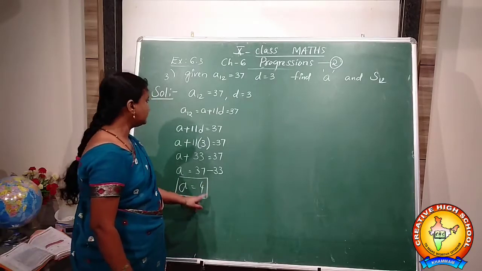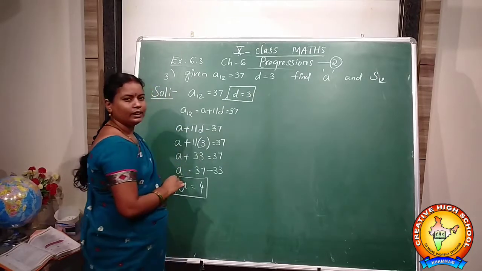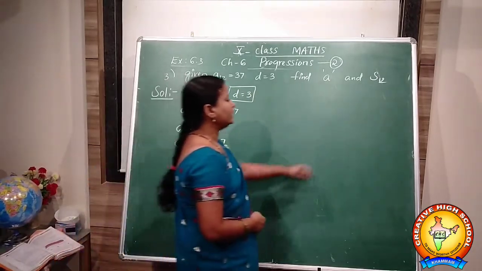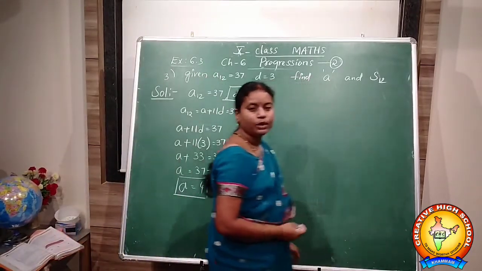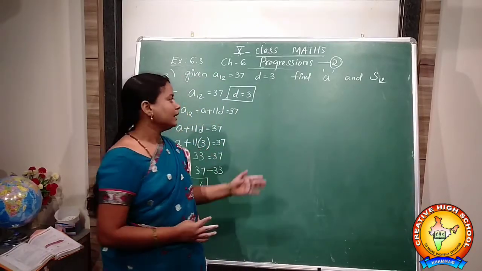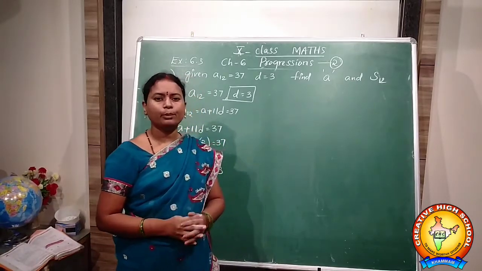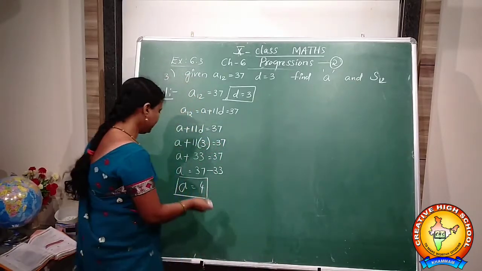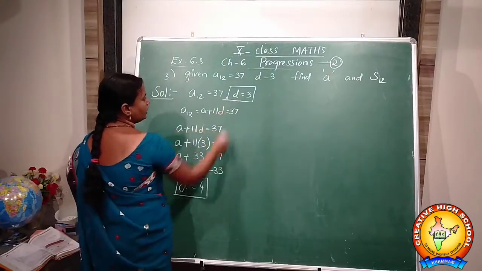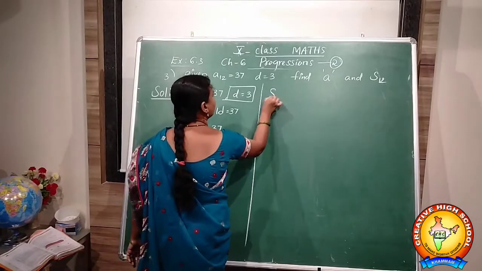Yes, the a value is 4, the d value is 3. So then let us find the S12 value. S12 means nothing but the n value becomes 12 only. Here the a value is 4, the d value is 3. We are finding the S12.